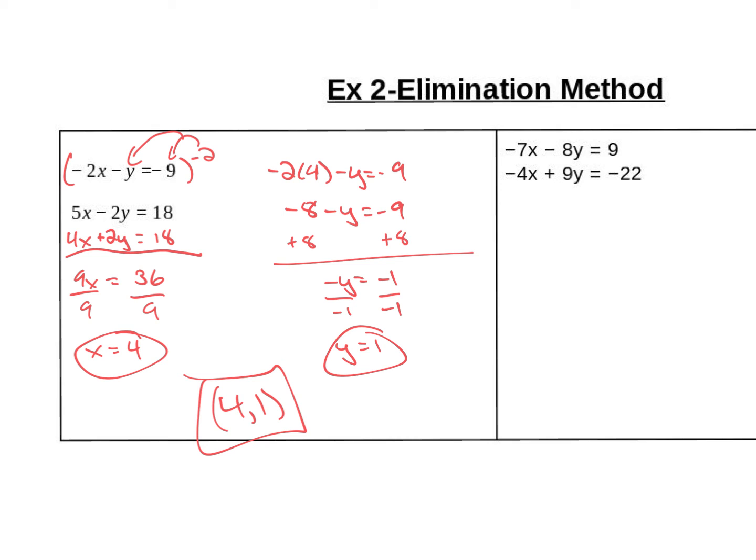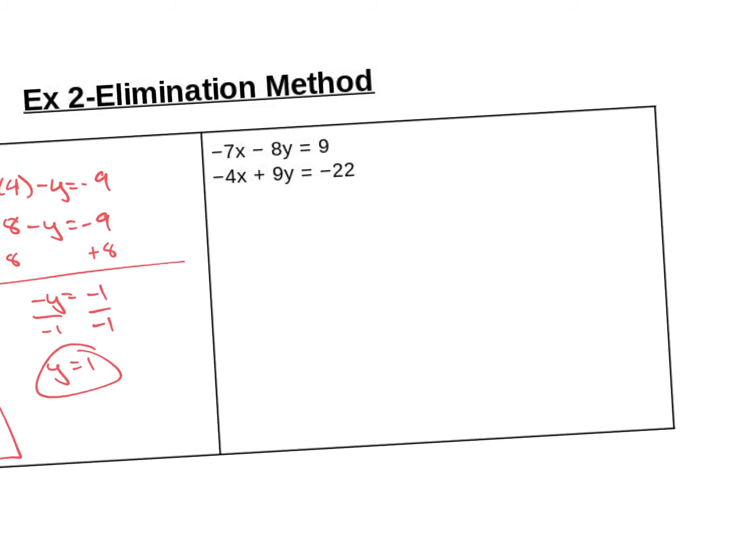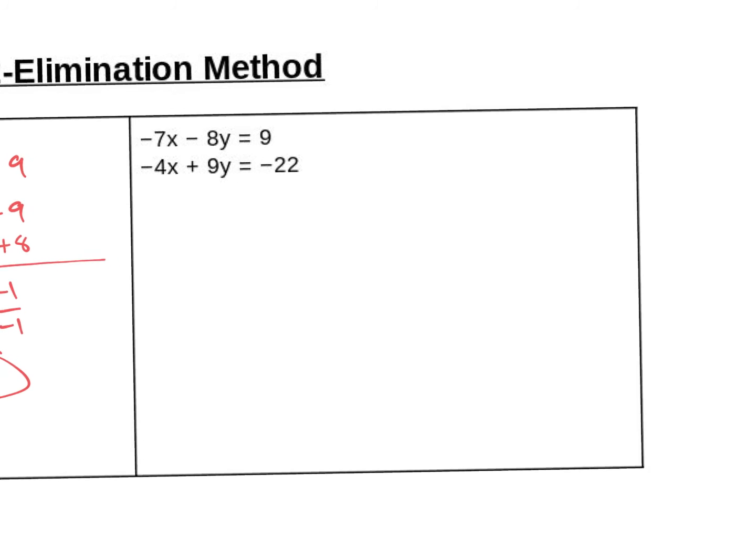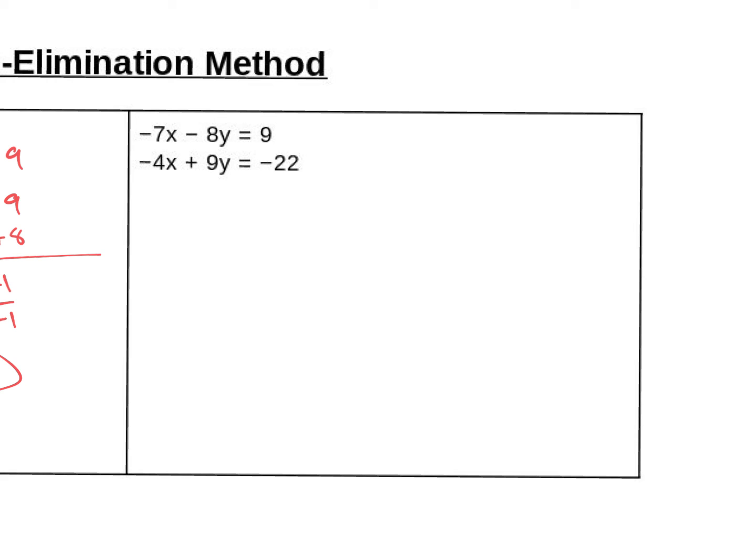All right, when we look at this next example, doesn't look like anything has a great option. We got the -7, -4, that's no good. We got -8 and 9, that doesn't look too good.